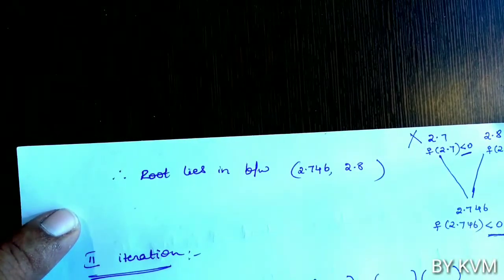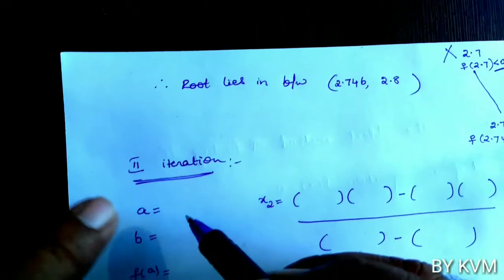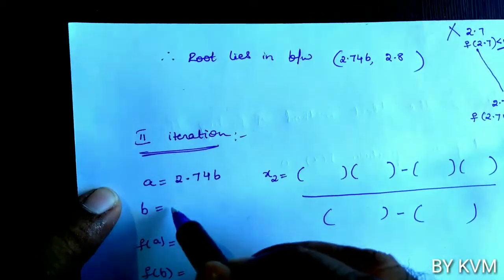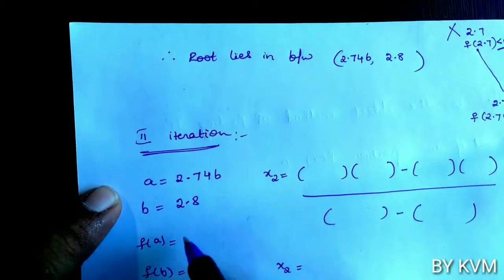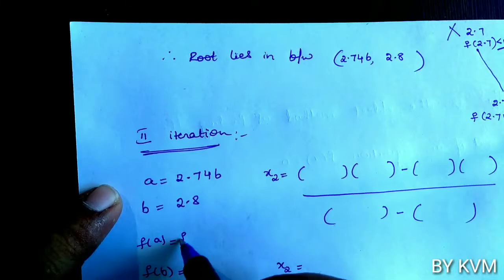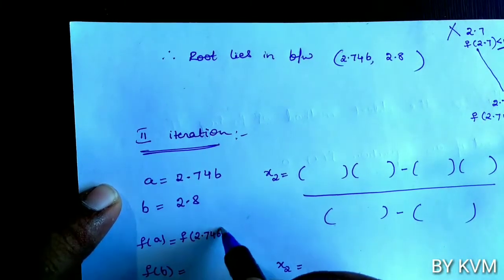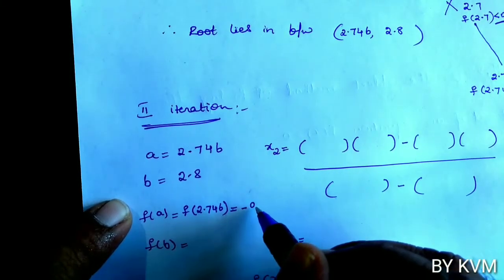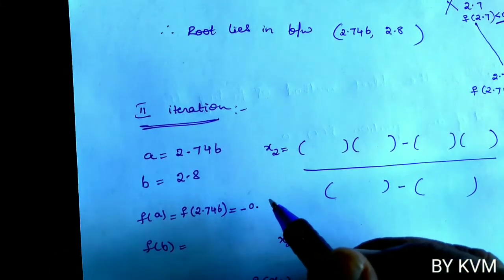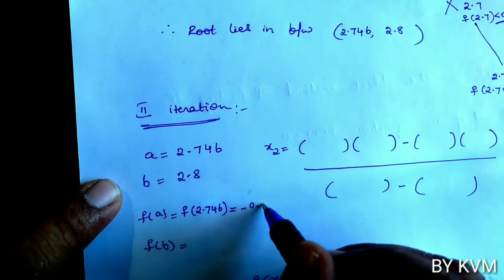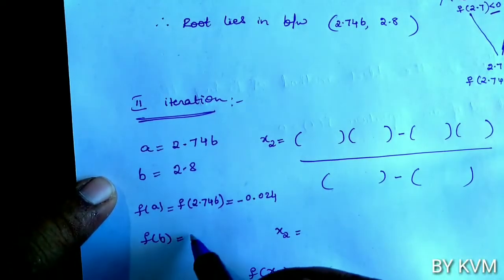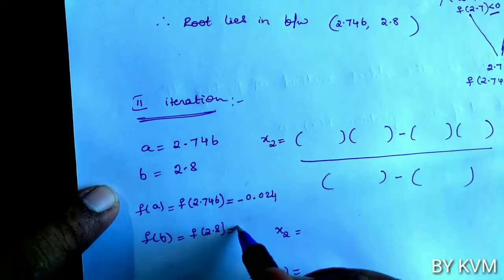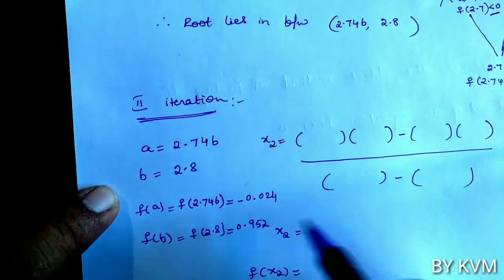So now again we have to improve the accuracy of the root. Again repeat the same procedure. Take a equals 2.746 and b equals 2.8. F of a is f of 2.746, which we have already calculated, minus 0.024, and f of b is f of 2.8, which we have also calculated, 0.952.